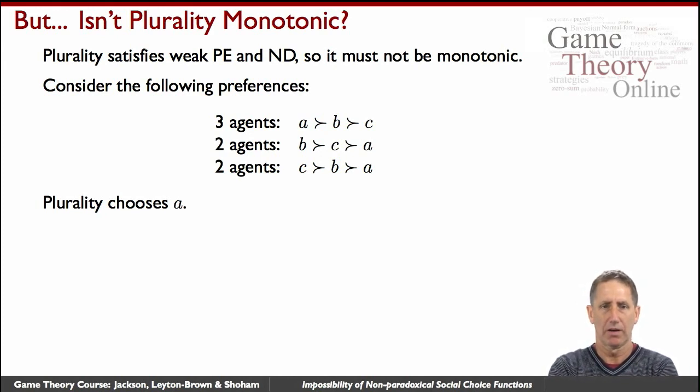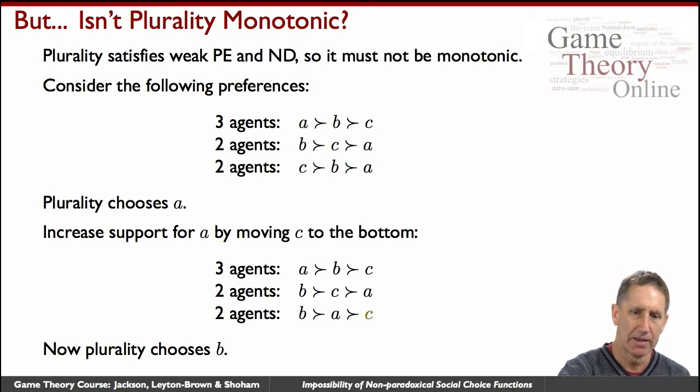So here are these 7 agents and their 3 preference profiles. The 3 agents prefer A to B to C, etc. And clearly then A would be the winner under plurality, because 3 agents would vote for A. Now, what happens if we modify this preference to this preference?